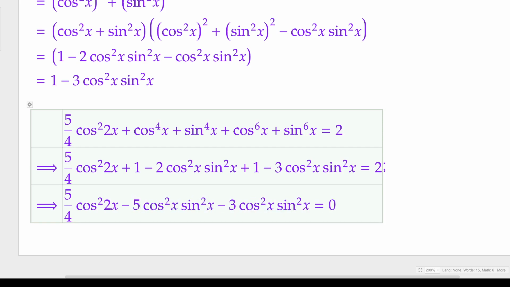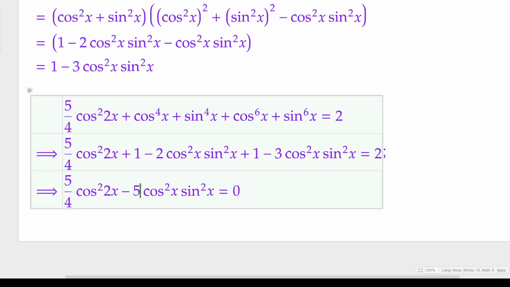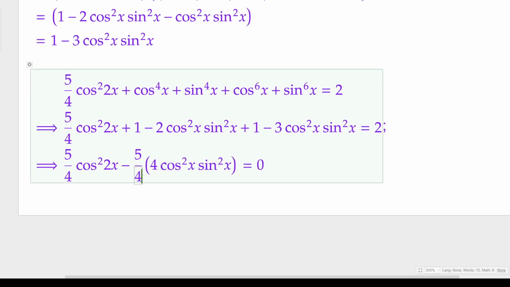So this is 5 times cos x squared times sin x squared. Let me eliminate this term. Now, in order to get 5 over 4 as a common factor, I'll multiply by 4 and divide this number by 4. So you can see that 5 over 4 can be factored out.